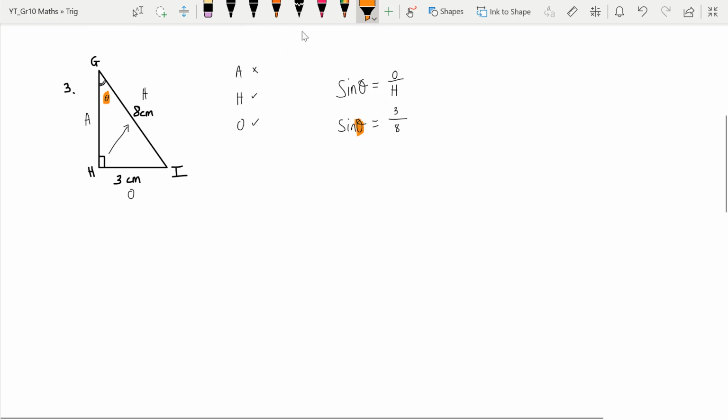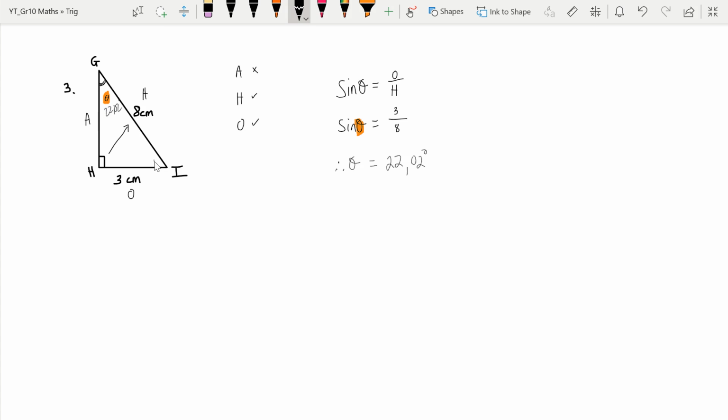But we now need to let the calculator know that we are giving it a ratio of sides. So into the calculator, we are going to say shift sine, and then we put in 3 over 8. And then it gives us that theta is equal to 22,02 degrees, and we just found that angle over there using our trig ratios.